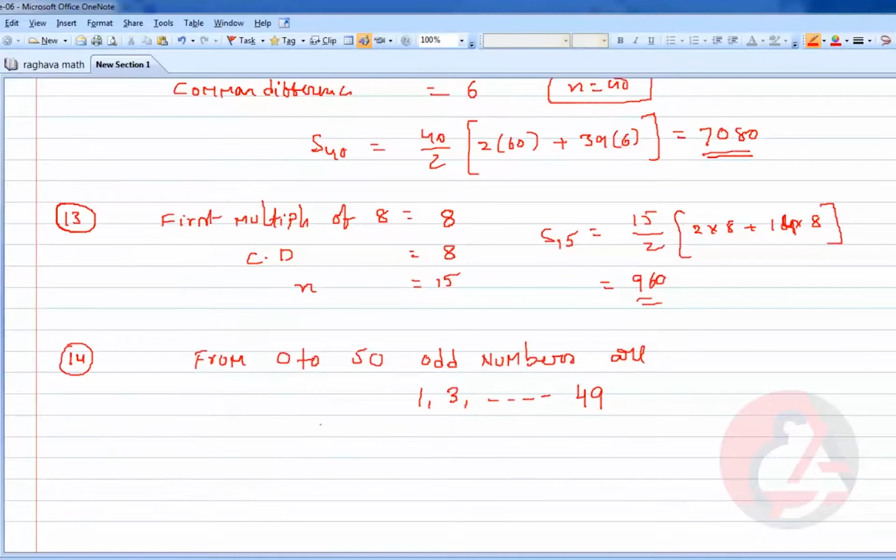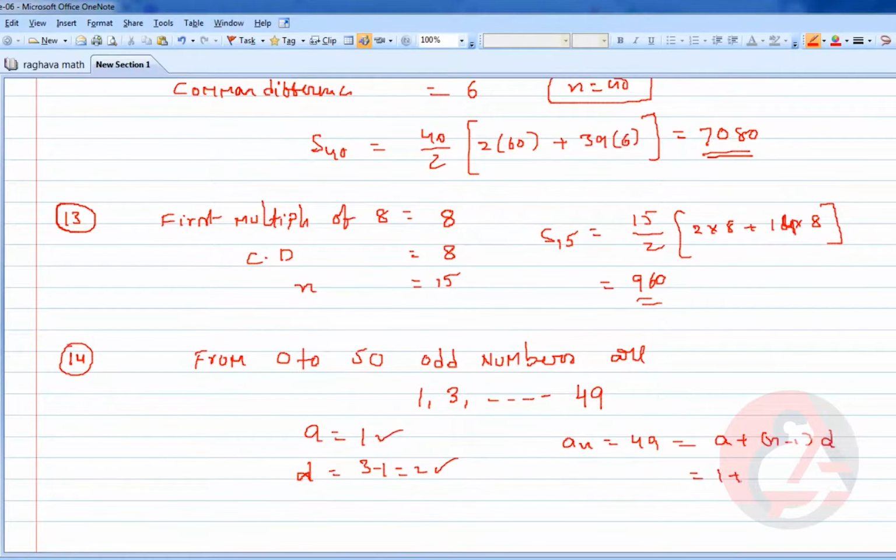Then what is the common difference here? I got only two data. A is equal to 1. D is equal to 3 minus 1, 2. So D is equal to 2. I want the n value. He's asking the sum of all the odd numbers from 0 to 50. So here an is equal to 49. To find the n value, an is a plus n minus 1 into d.